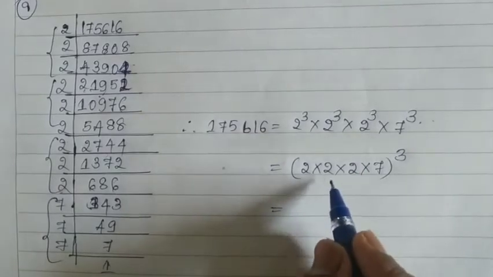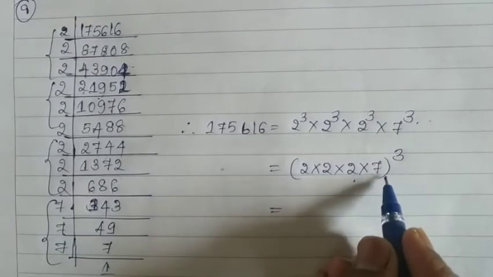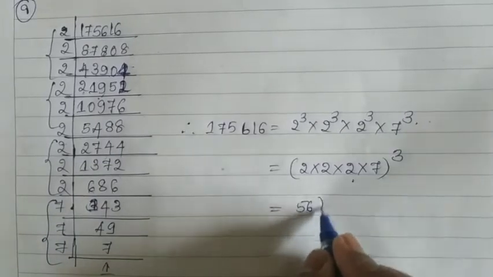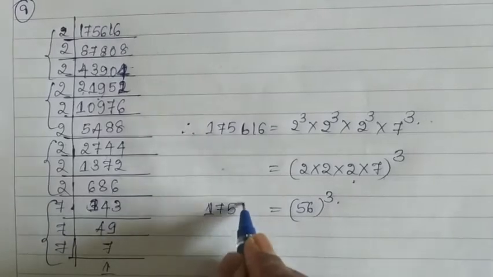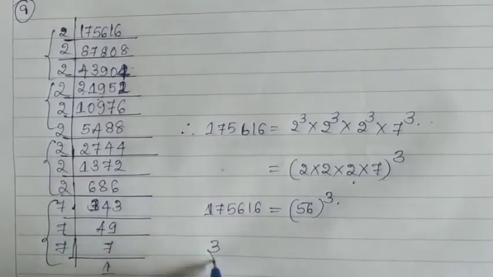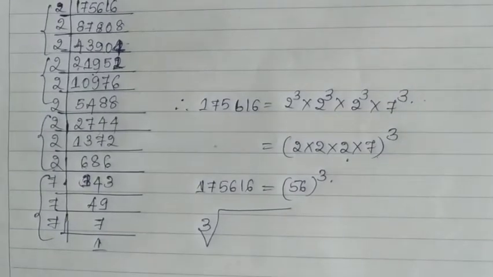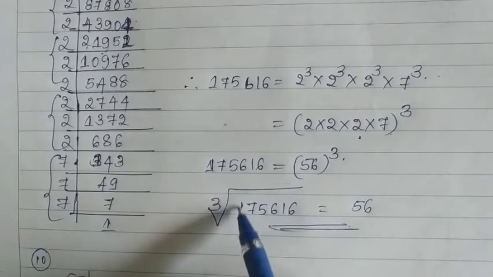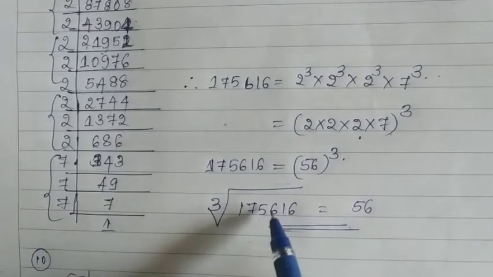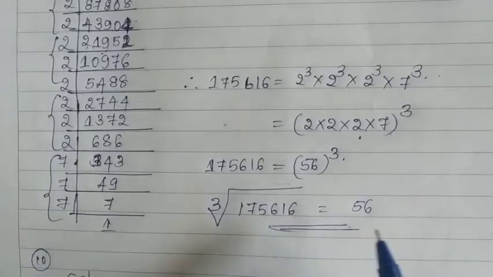Now 2 2s are 4, 4 2s are 8, 8 7s are how much? 56. 56 to the power of cube. So the cube root of 1,75,616 is equal to 56.